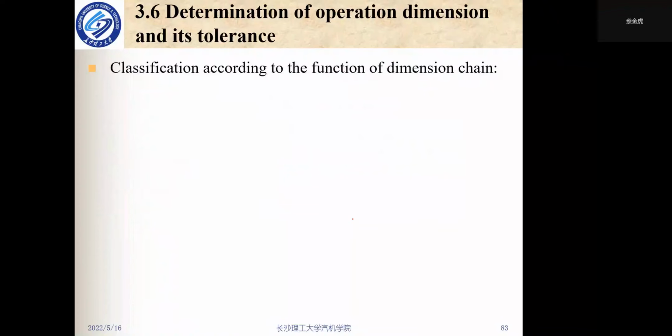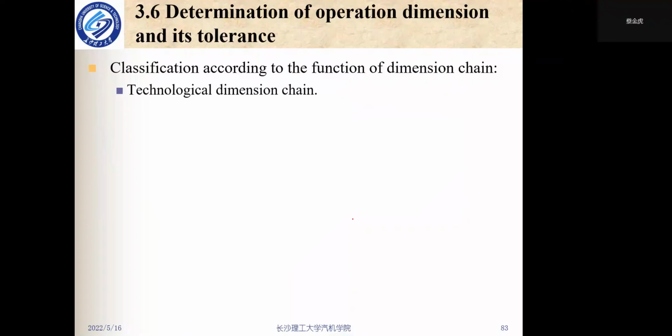So let's come to the classification of dimension chain. The first one is classification according to the function of dimension chain. The first one is technological dimension chain.